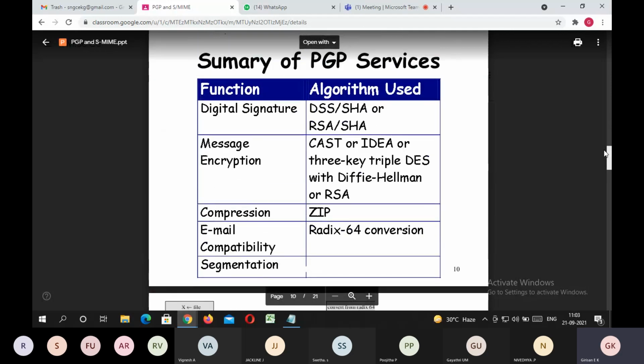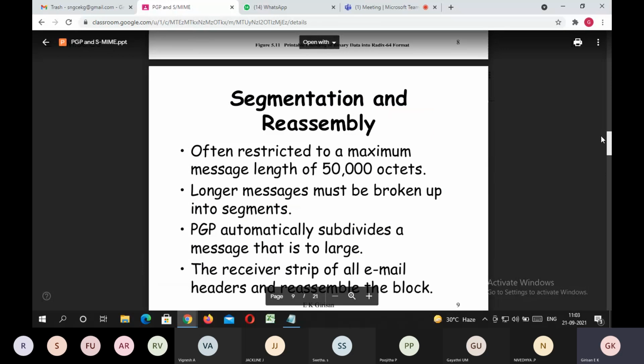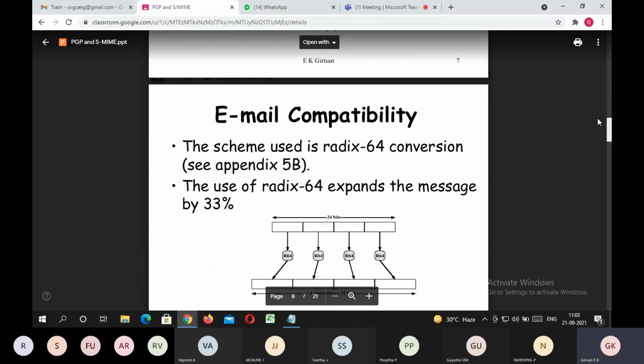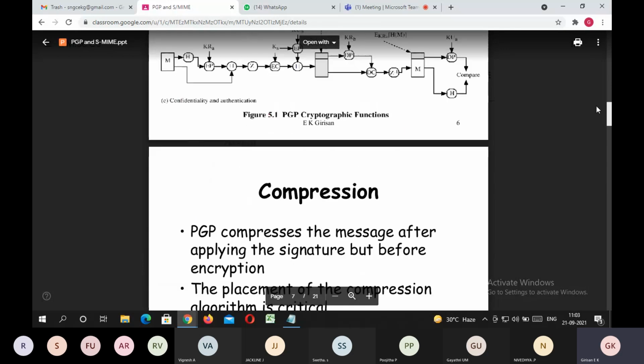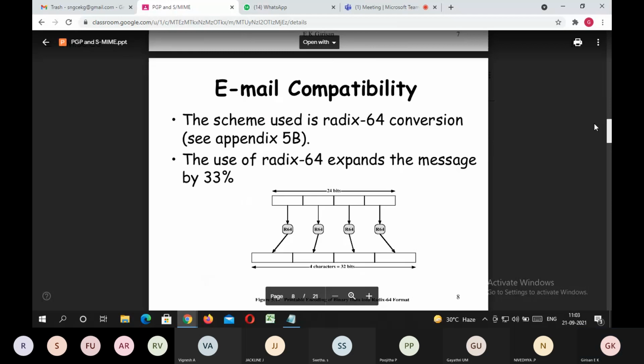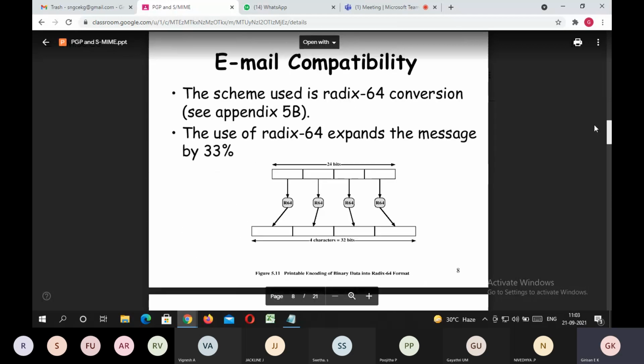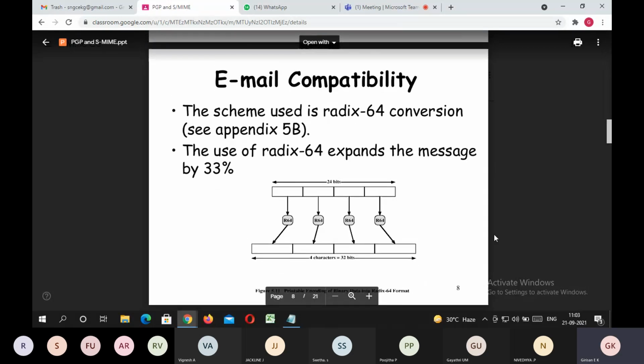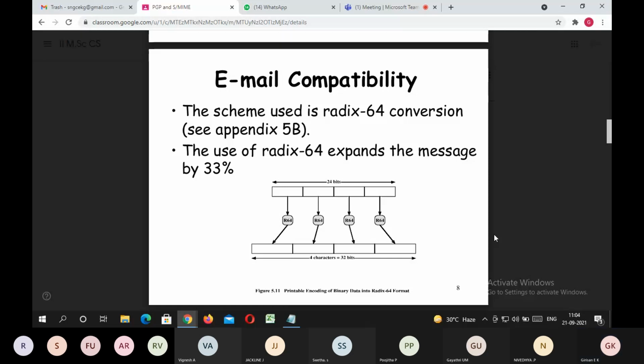Now, what do you mean by compression? What do you mean by compatibility? What do you mean by segmentation? So, the email compatibility. Why do we have the email compatibility? Because your browser, your email may be different, and my browser may be different.